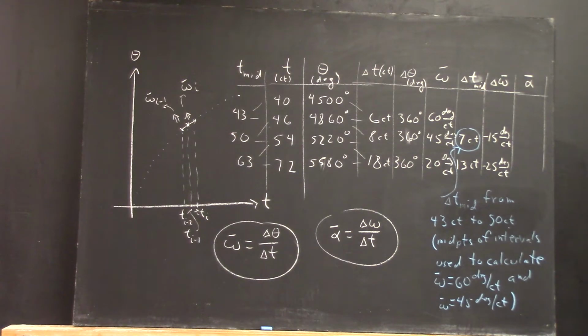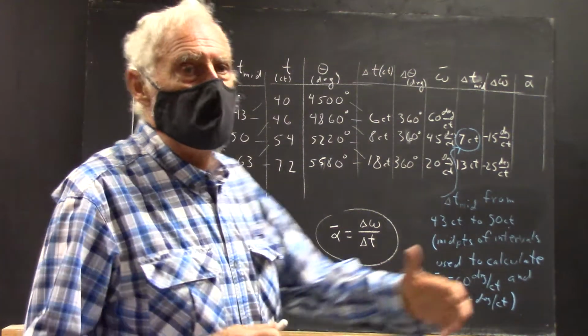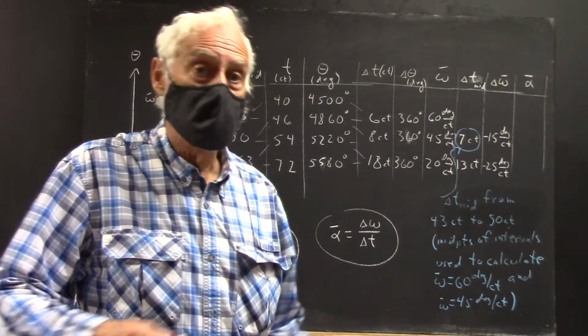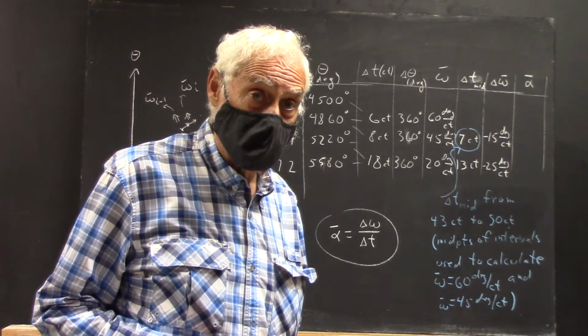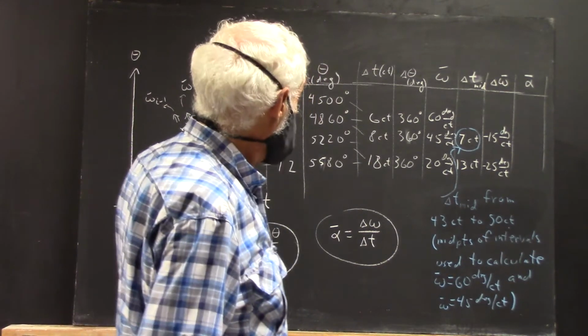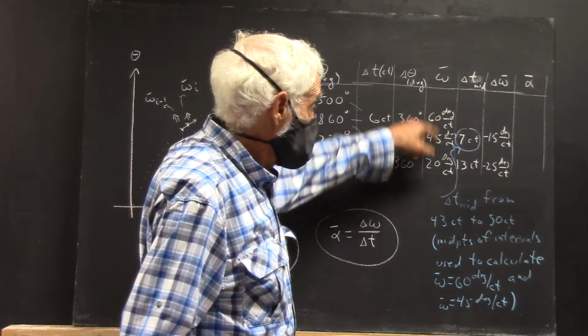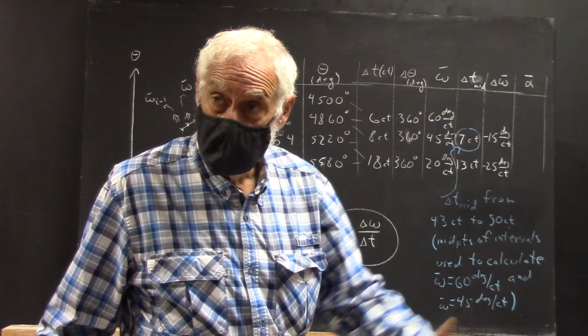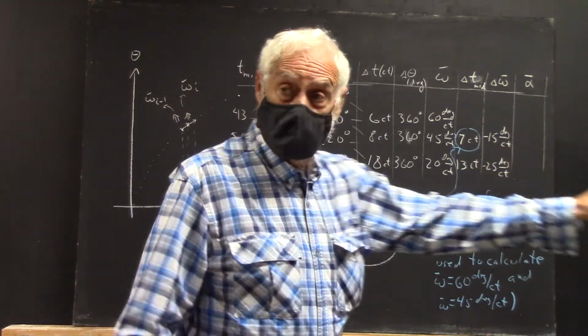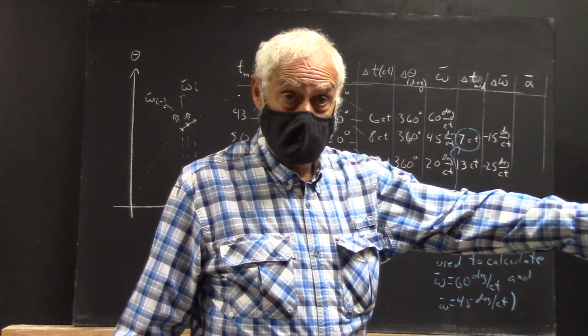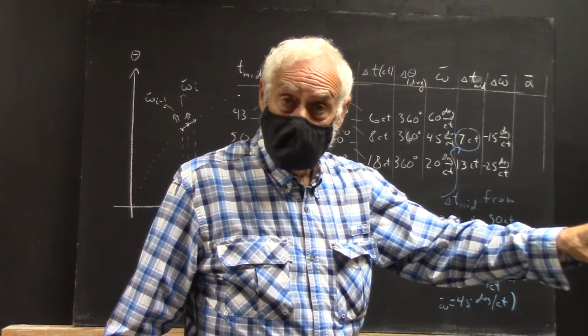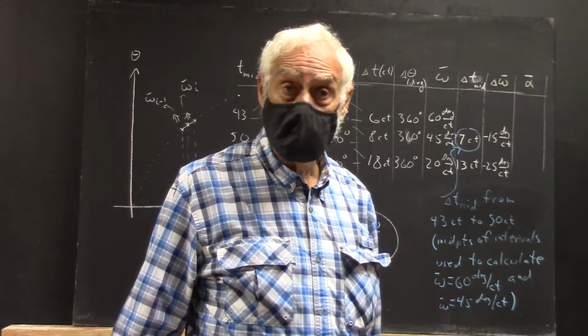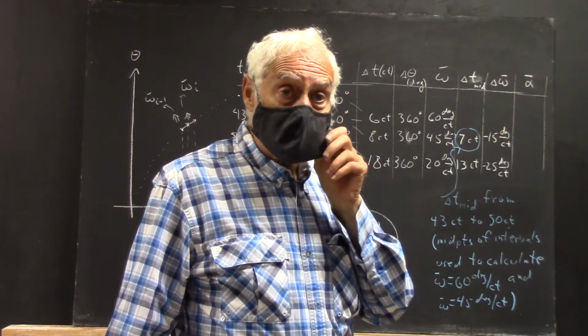So we're trying to get a handle on how quickly this thing is slowing down. Okay? We established that it's slowing down, which is obvious in looking at it. What isn't obvious is how quickly it's slowing down. That's another level that we can't see easily with our eyes.